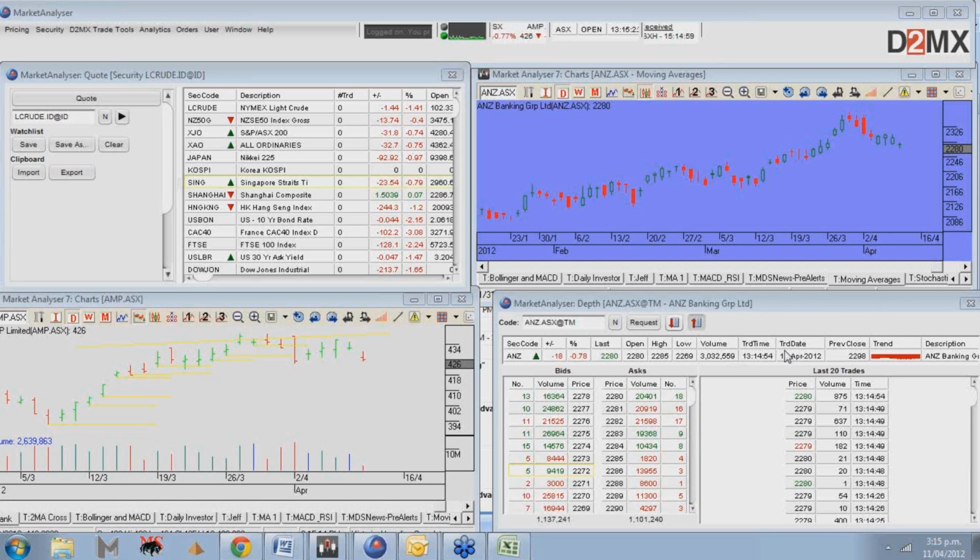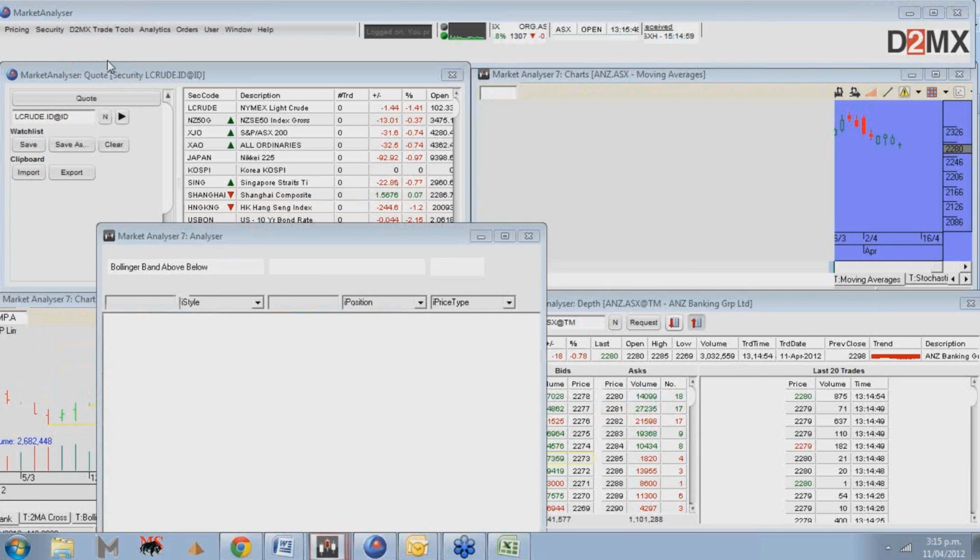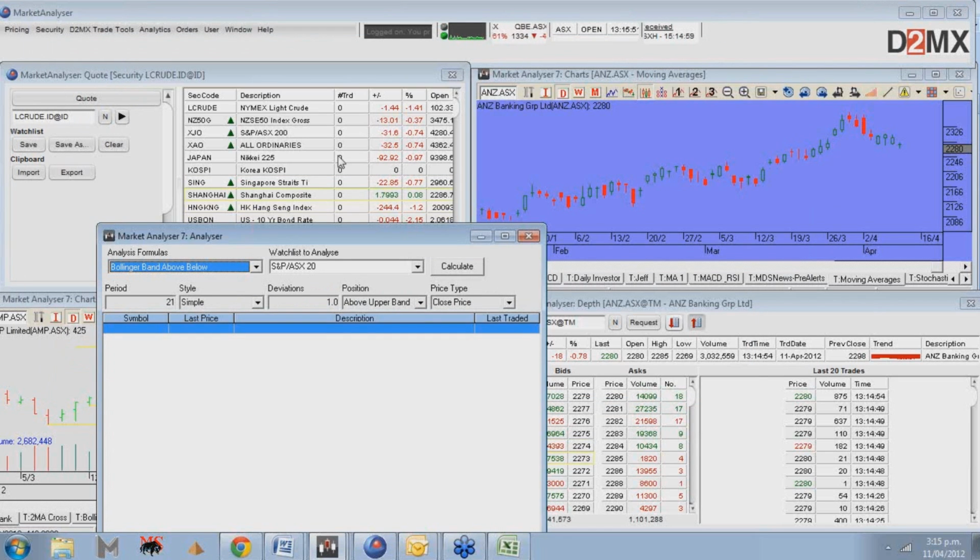The other one is you've got the scanner and you've got the ability to scan for whether that criteria is met. So you can run a scan quite quickly and identify whether that indicator is triggered now. So you can run it after market open and say at lunchtime and before market close, and you'll pick up whether your indicator is being triggered using the scanning. Because the D2MX analyzer in here, the scanning capability is now based on the last traded price.